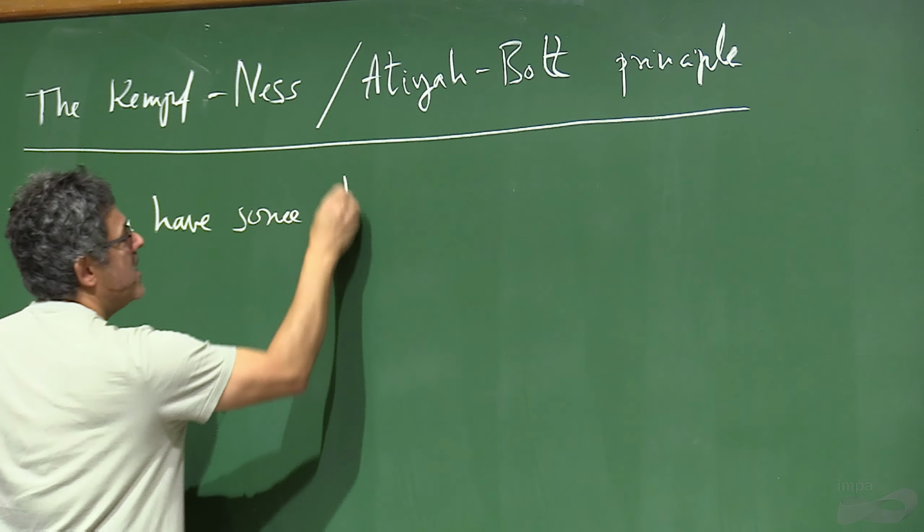But in this case, Kempf and Ness observed, I mean, it's very nice, they proved more things, so maybe it's a different language, but now these are two of the things they say you can prove in this framework. So you can answer this question in the finite dimensional case.